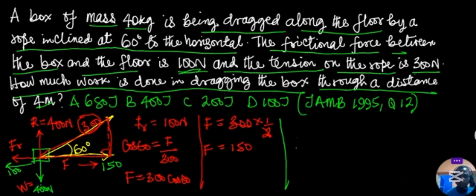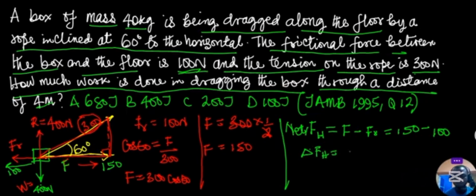Our net horizontal force will be given by F minus the frictional force. That is, F is 150, frictional force is 100. So our net horizontal force FH is 50 Newton.